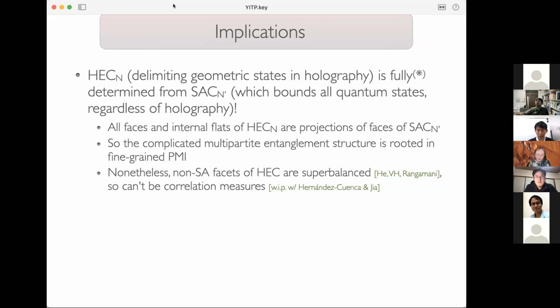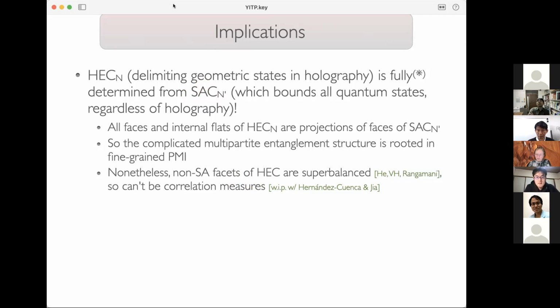But, and I should say, as another throwaway remark, very curiously, you can also show that these other holographic entropy cone facets, which are not subadditivities, have a certain property called superbalance, they are not monotonic under inclusion, and so they're not natural correlation measures. But nevertheless, you're obtaining all of these facets indirectly from just correlation measures, in particular the mutual information.